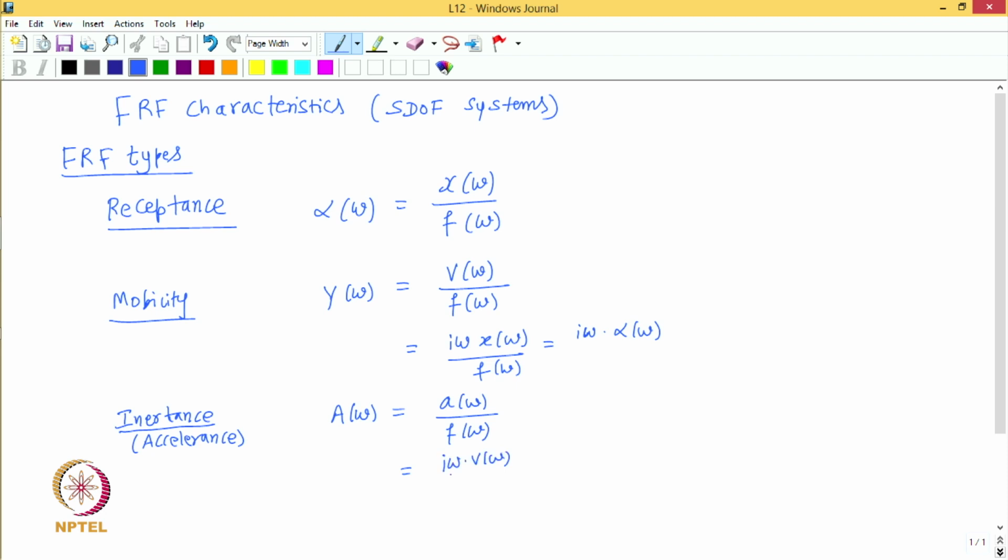Therefore, we can also write the expression as i omega times Y of omega. So if we have the mobility and multiply it by i of omega, we get the inertance of the system. And because Y of omega is nothing but i of omega into alpha of omega, we can also write this expression as minus omega square alpha of omega. So therefore we see that the receptance, mobility and inertance are related by these expressions, and if any one of them is available, the other two can be determined.